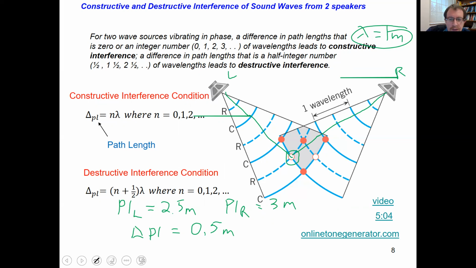Let's use the idea that delta PL is equal to X times lambda and figure out what X is for this specific example.